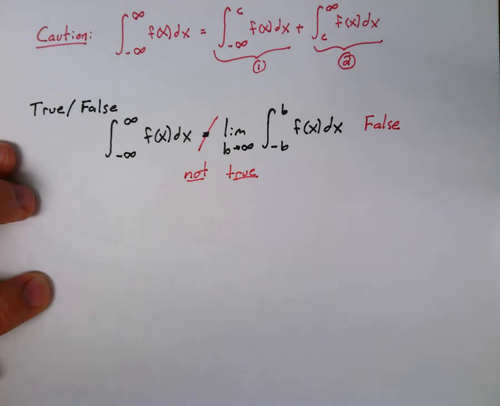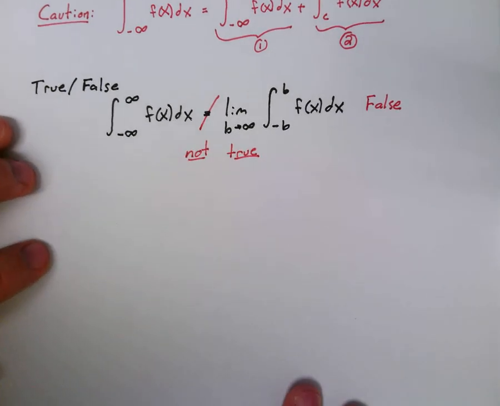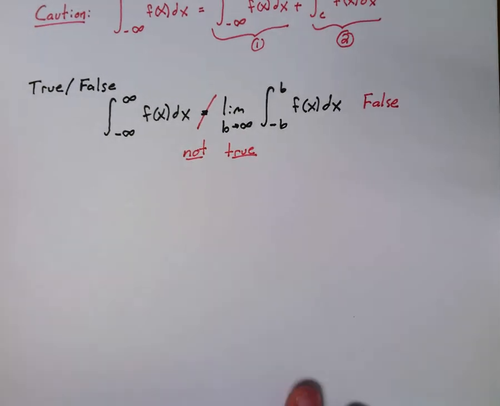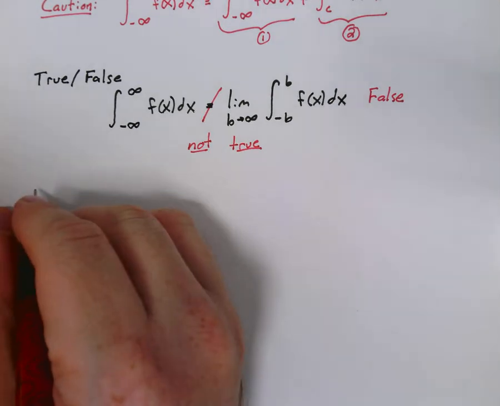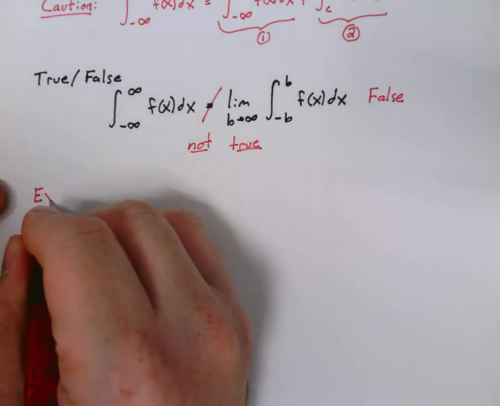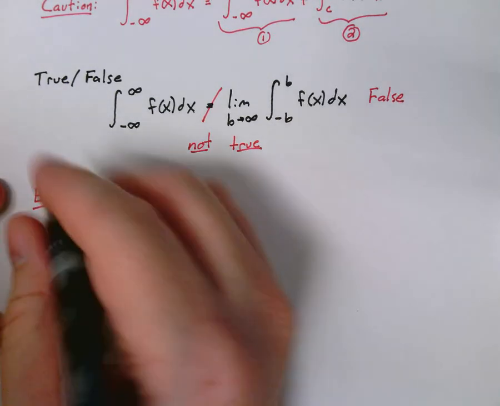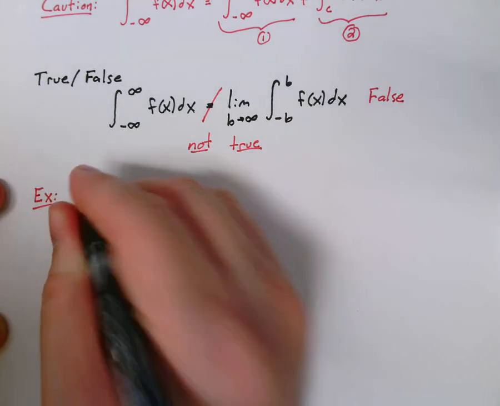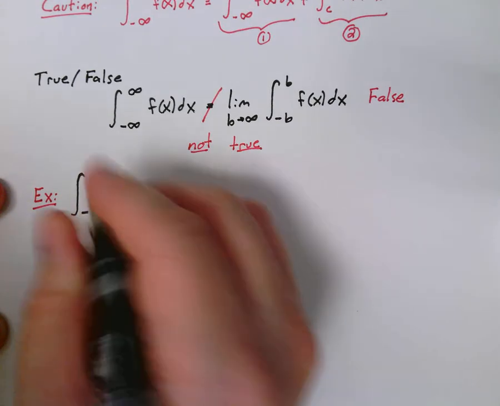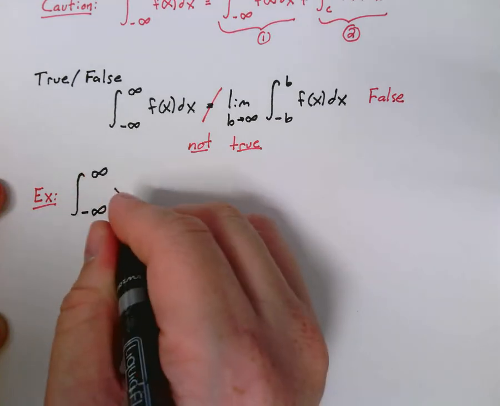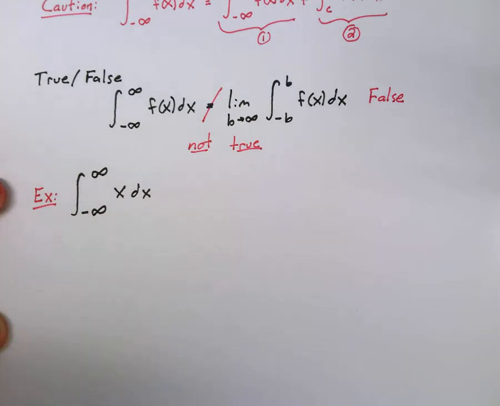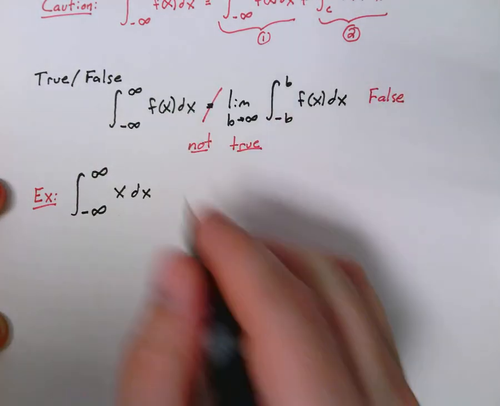And I'm sure you're sitting there saying, well, why is that? Well, let's consider this example. If I were to integrate from negative infinity to infinity of x dx, let's just see what happens with the formal definition.